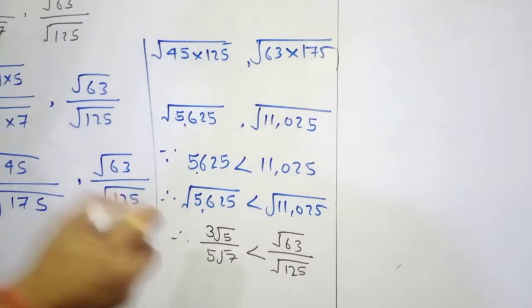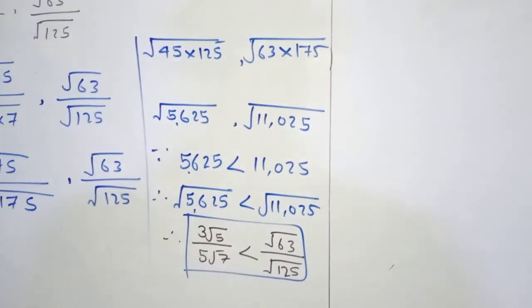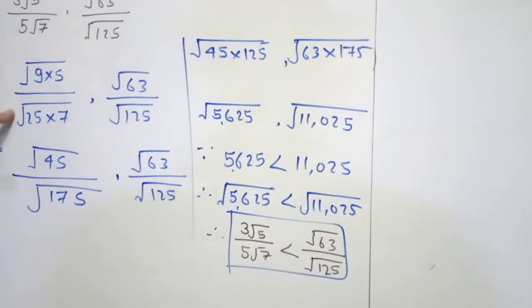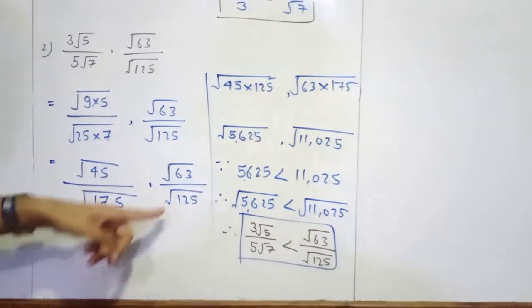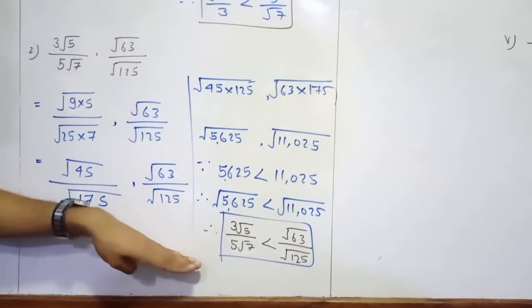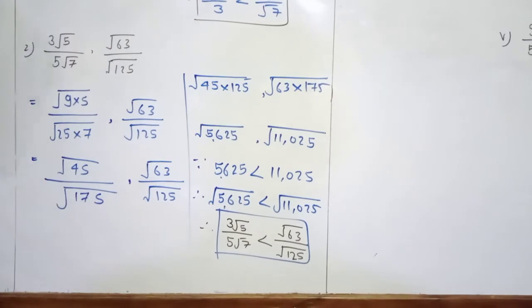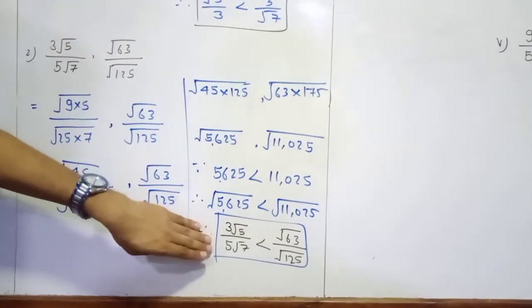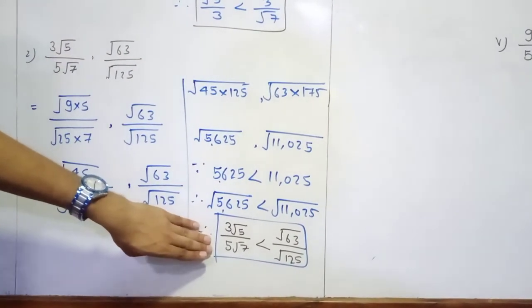So this will become the answer. This way, first we have to multiply crosswise, then see which one is greater and which one is smaller, by applying the rule that if AD is smaller than BC, then the first ratio is smaller. This way we have to find the answers.